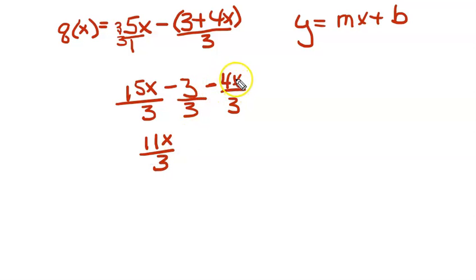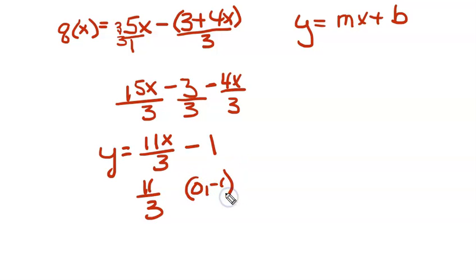I'm adding a negative 4x, and this, I get 11x, and this simplifies to a negative 1. Now it's in slope-intercept form. My slope is 11 thirds, and my y-intercept is 0, negative 1.